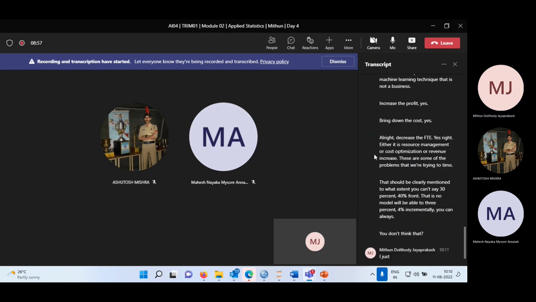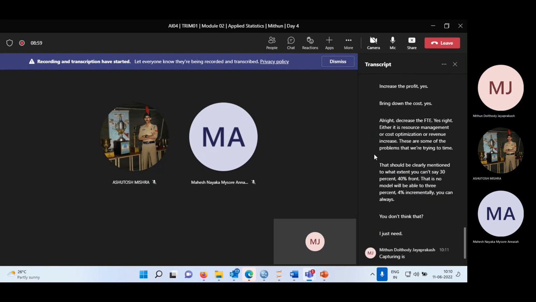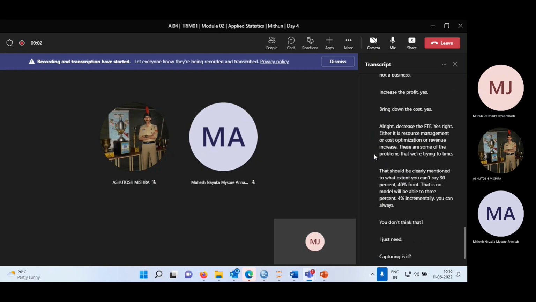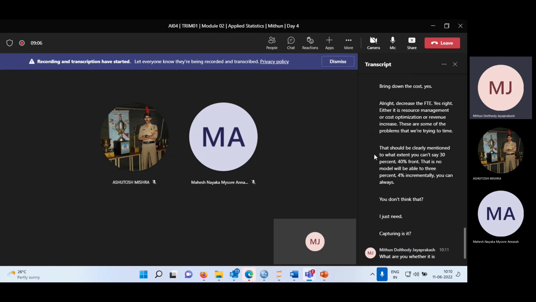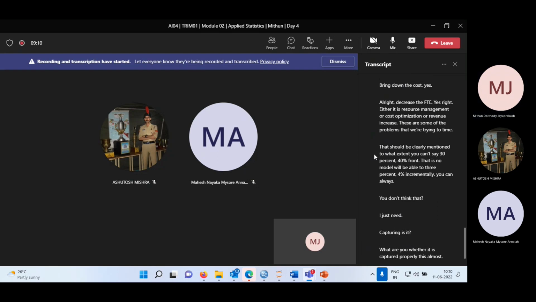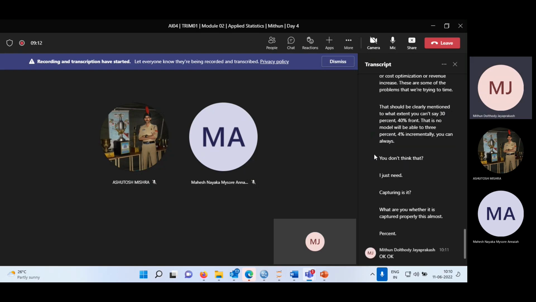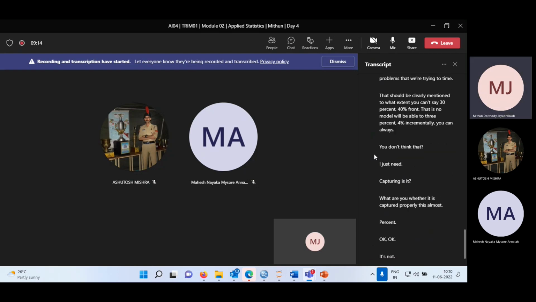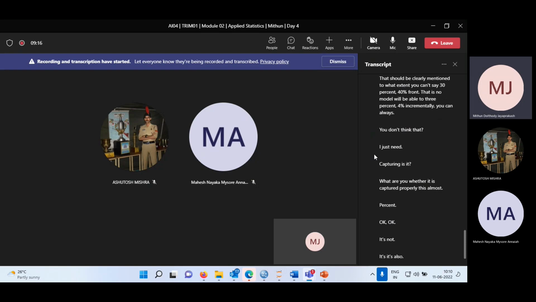Capturing, is it? But I don't know whether it is capturing properly. It charges almost 95%. Okay. It's not intelligent. It's also NLP. Speech to text.